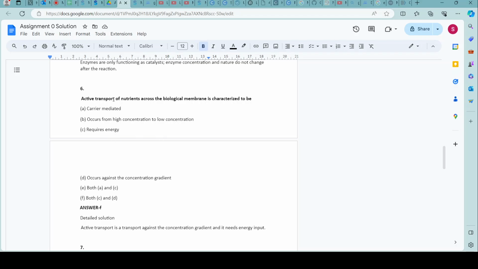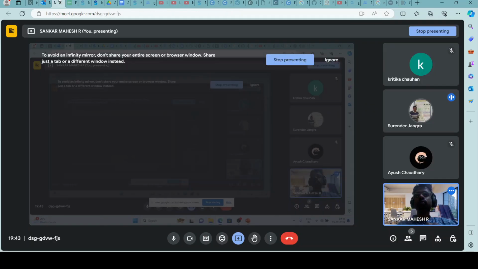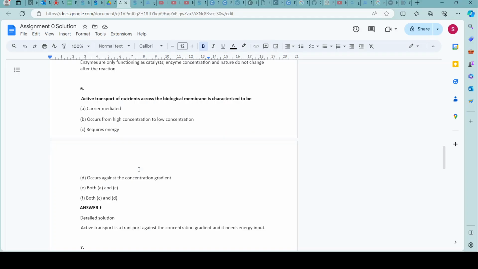The doubt that was raised, Surender, is whether carrier mediated transport can be called active transport or not. They clearly say that requiring energy and going against the concentration gradient are right. But we were doubtful whether carrier mediated transport, which involves a protein for a solute to move from one side of the membrane to another, can be called active transport.